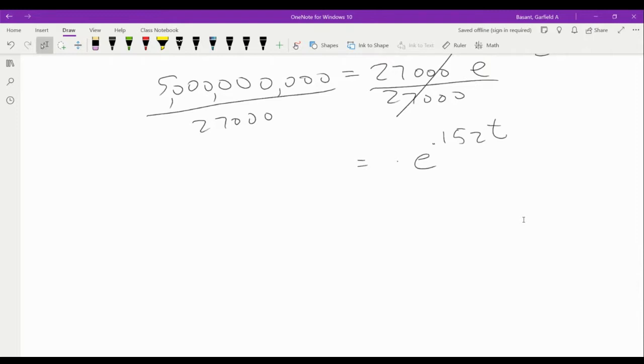What do we get for that division? 185,185.18. And to solve this, we're going to take the ln of both sides. So this becomes 0.152t.